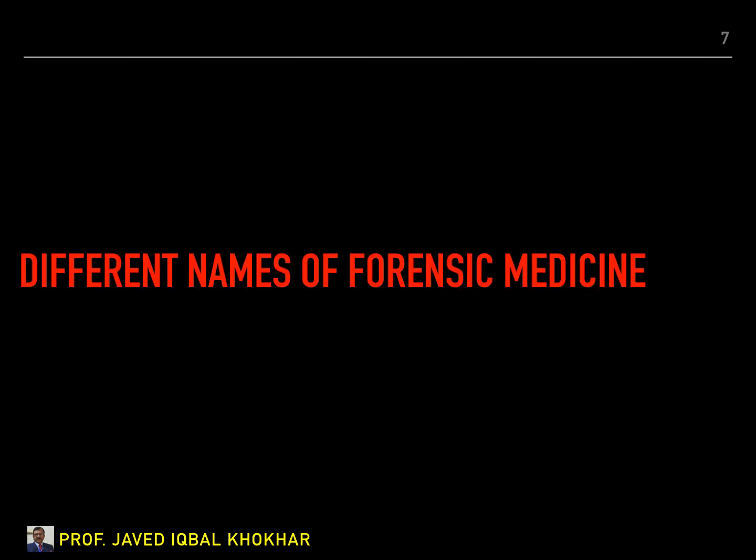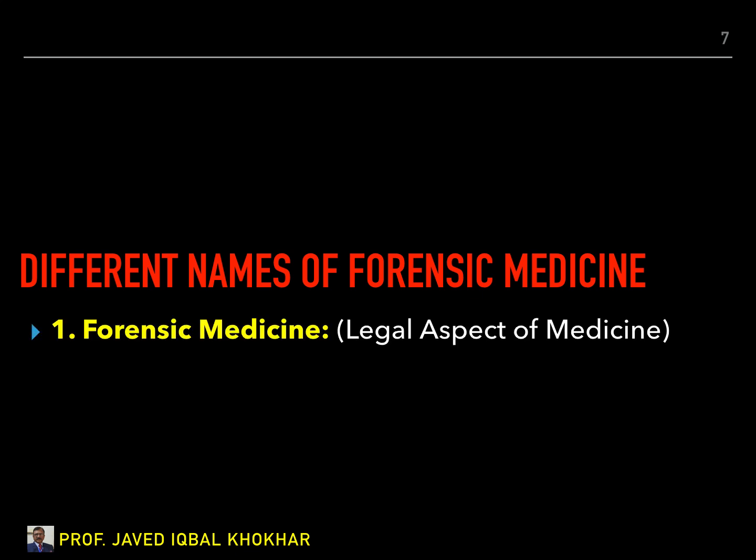Then there are different names which are used for forensic medicine. For example, we know forensic medicine means the legal aspect of medicine. That is, we are practicing medicine, but there are certain legal aspects which have to be cared for.